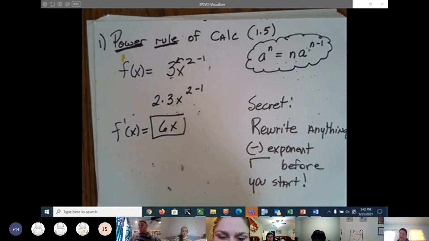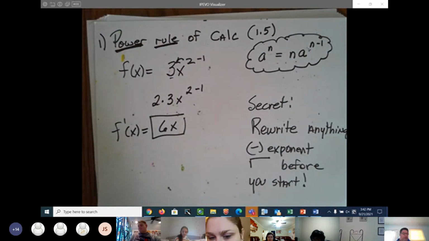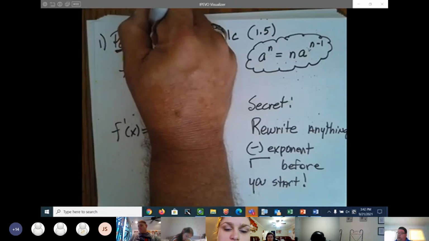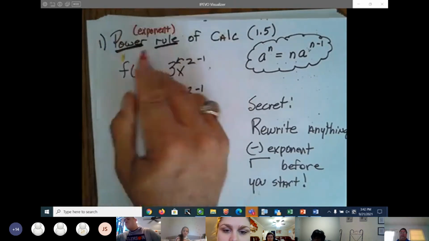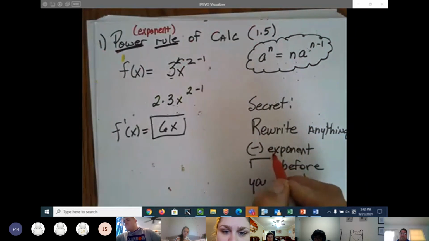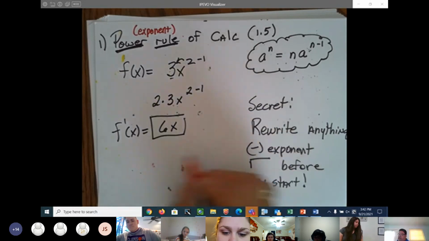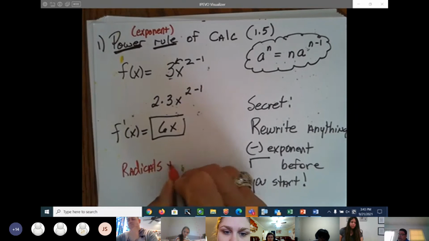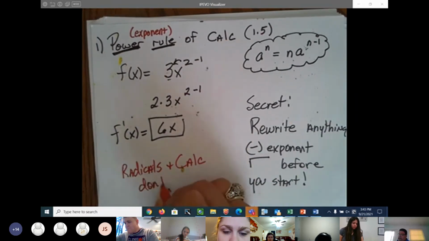You've got to have some form of exponent when you start a problem with the power rule. Radicals and calculus don't mix.